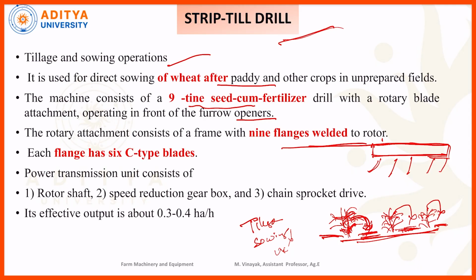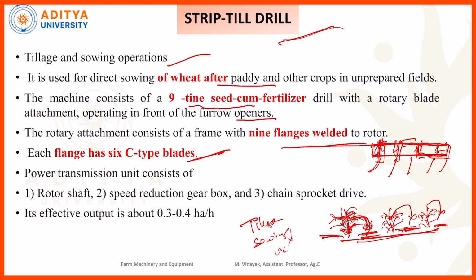So 9 flanges are provided at the rear of this tillage setup. Each flange consists of C-type blades. Suppose here, how many flanges are there? 1, 2, 3, 4. Four flanges are there. Each and every flange consists of C-type blades.